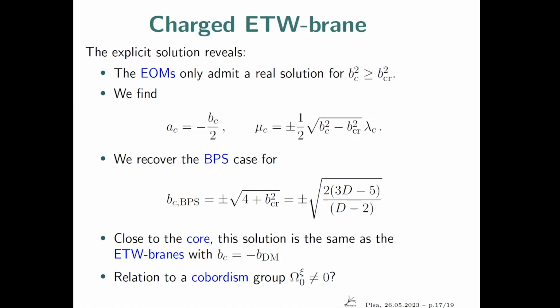Of course, what we don't know now, maybe Ivano has a better idea after their work, is the actual cobordism group that we need to compute for these objects, being the defects to trivialize it.